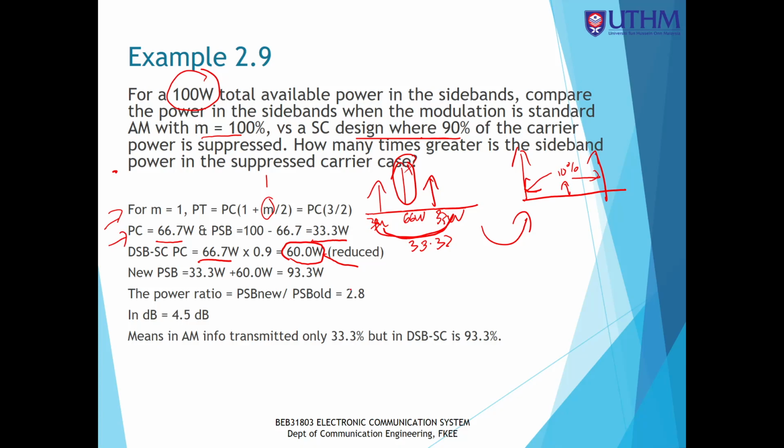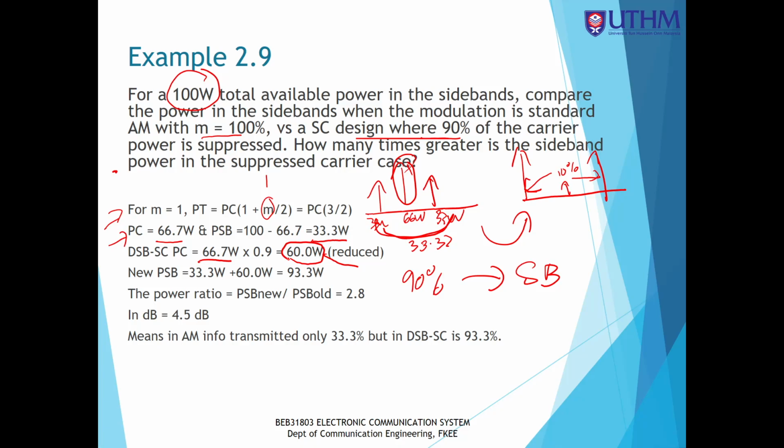Dalam slide, apabila kita suppress the carrier, the power goes to the sideband. Dia pergi kepada sideband. Macam mana boleh jadi seperti itu? This is just a theoretical concept.